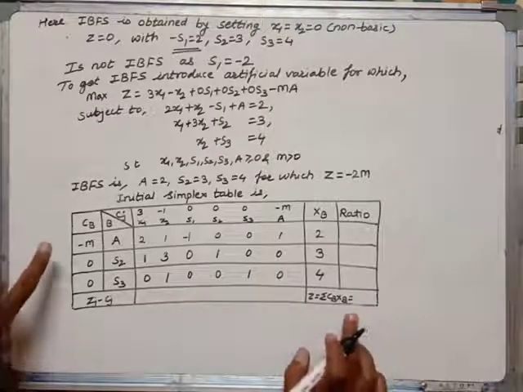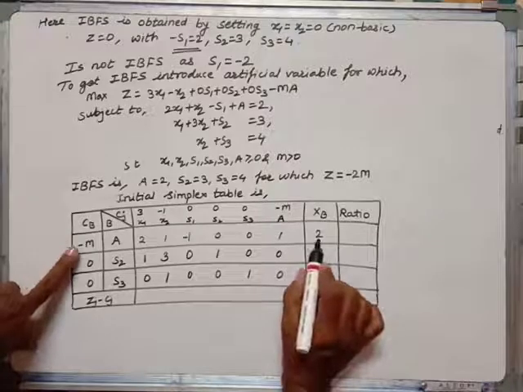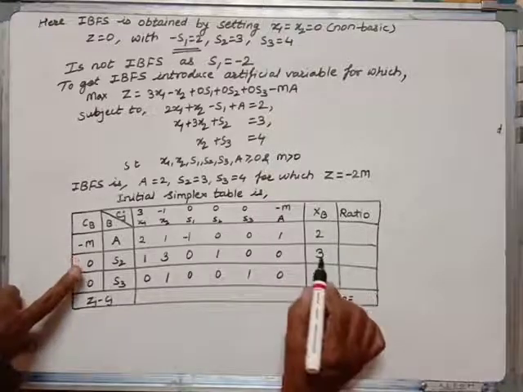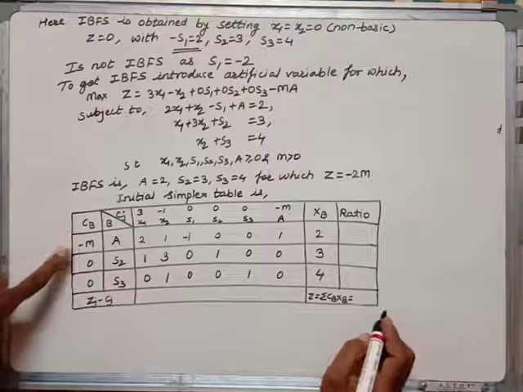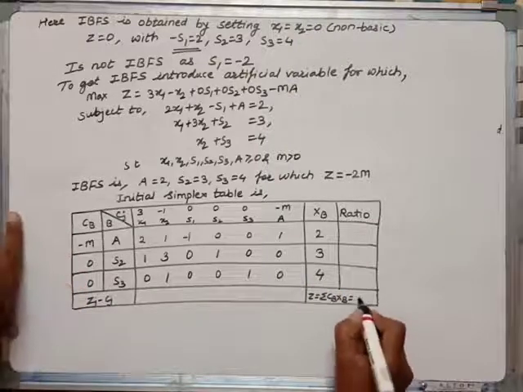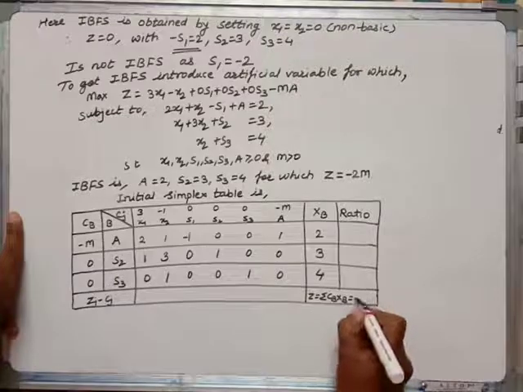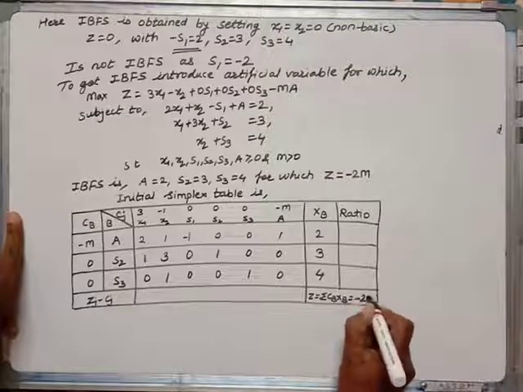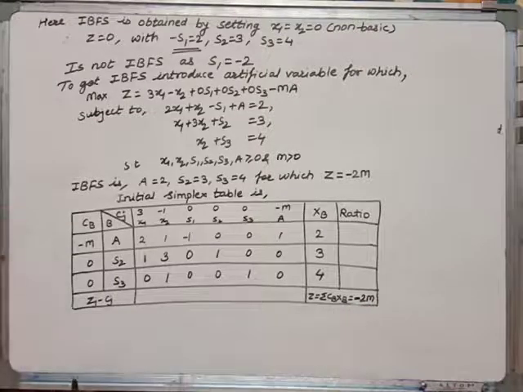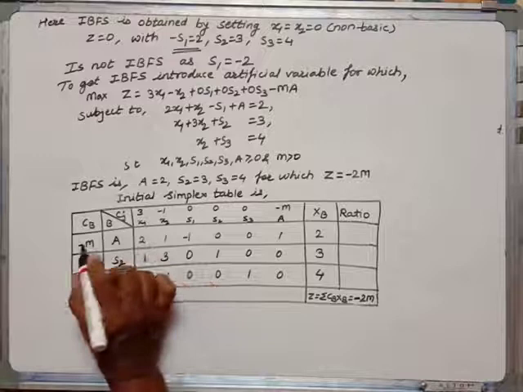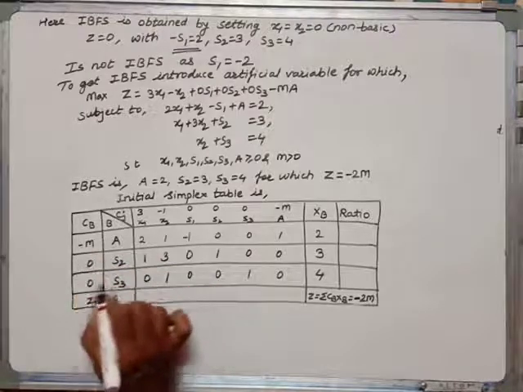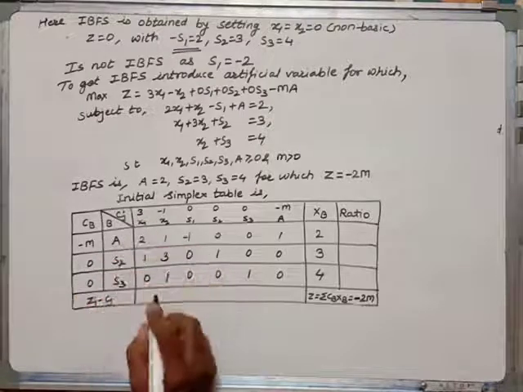Now what is z? Look at this. Minus m into 2, so minus 2m, plus 3 into 0, plus 4 into 0. So minus 2m plus 0 plus 0, so it is minus 2m. Okay. Now let us check zj minus cj. So what is the zj minus cj? Minus 2m. Here it is 0. Minus 2m minus 3.